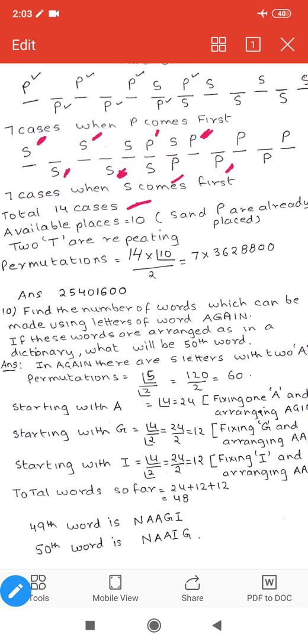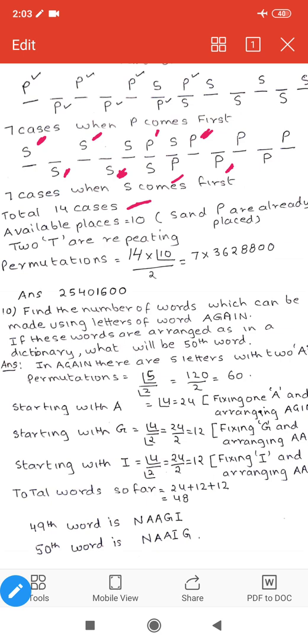In these 14 cases we can see that P and S have occupied their places. So how many places are left? We are left with 10 places. In these 10 places, T is repeating, that is T is coming twice. So the number of permutations is 7 plus 7, that is 14, multiplied by factorial 10 divided by factorial 2.